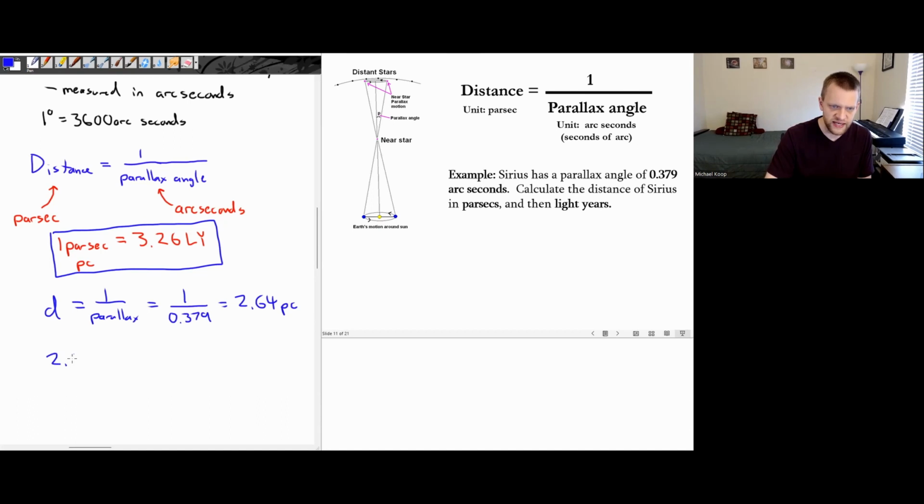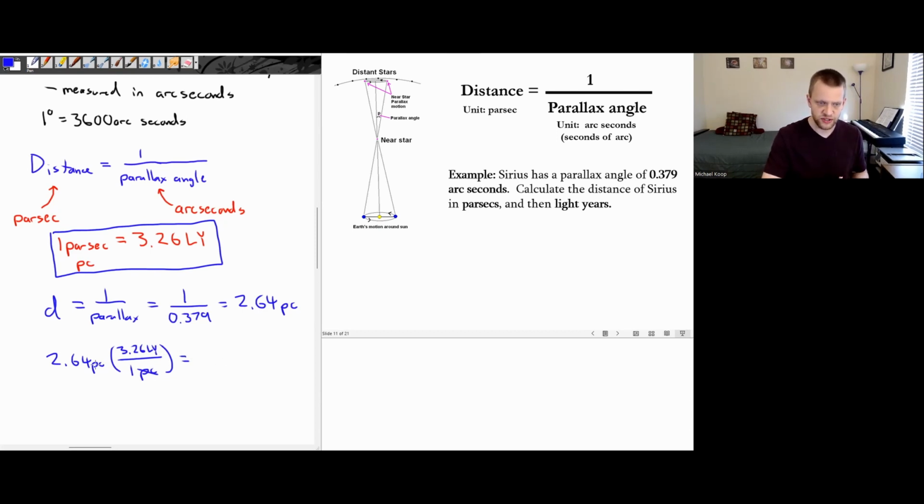If I want to convert that distance from parsecs to light years, well, 1 parsec, I want the parsecs to cancel out, so I'm going to put 1 parsec in the denominator, is equal to 3.26 light years.